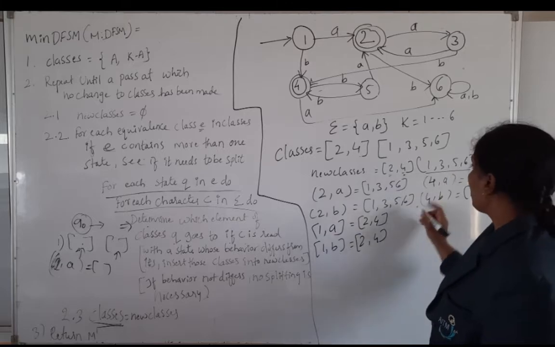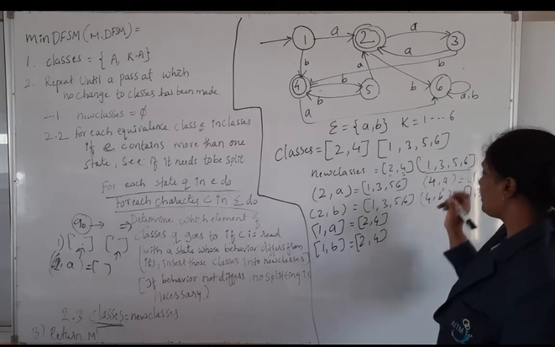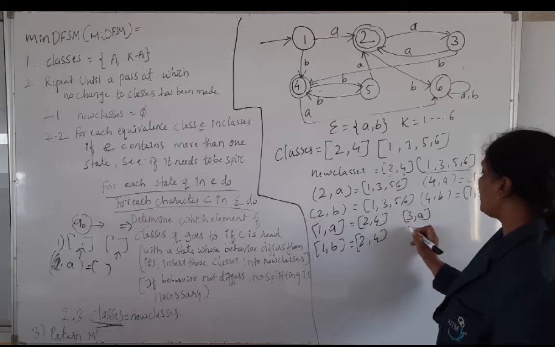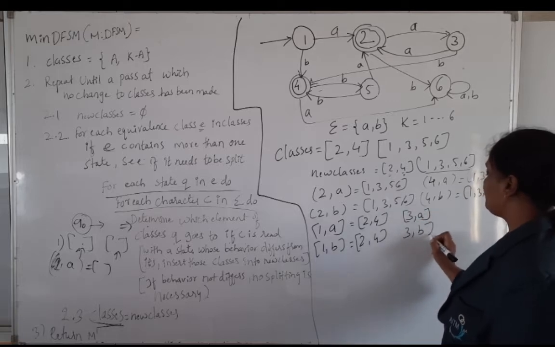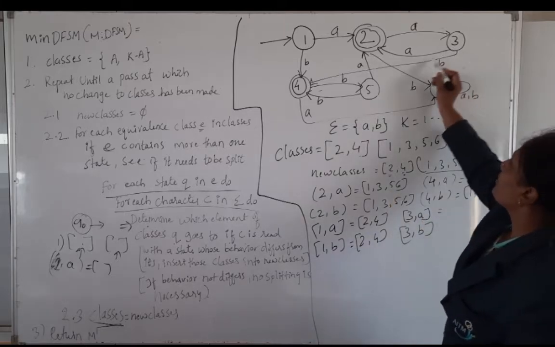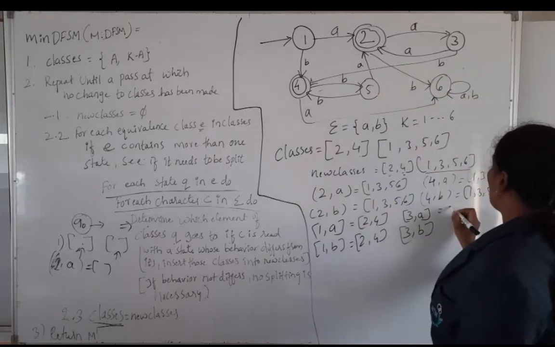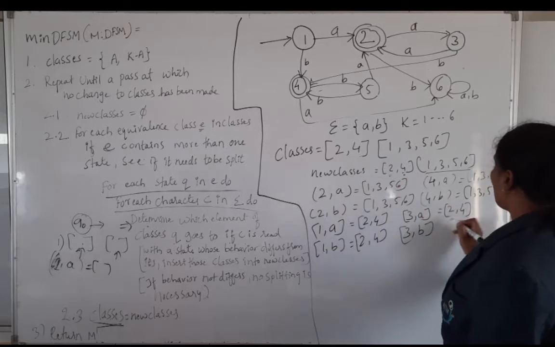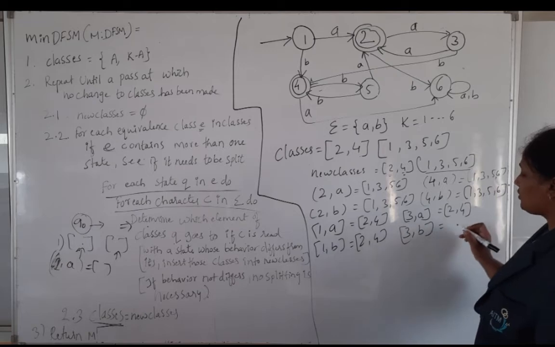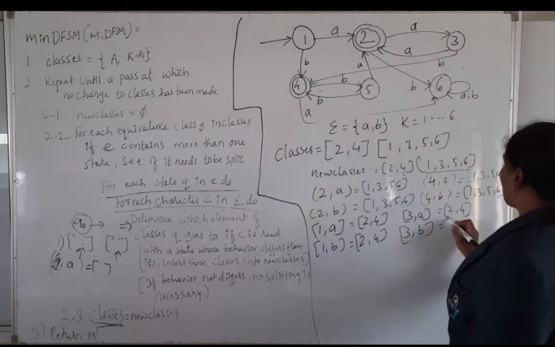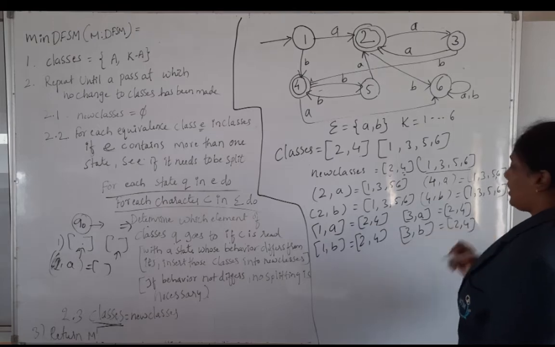Next, take the second state from the other group, that is 3. Check 3 of A and 3 of B. 3 of A reaches state 2, so I will write 2, 4, because 2 is a member of this group. And 3 of B reaches 4, so 2, 4.